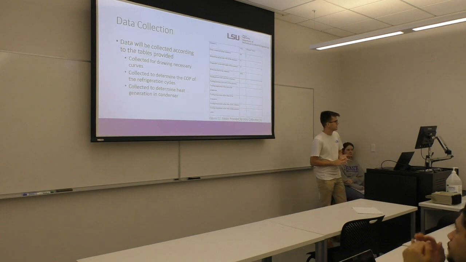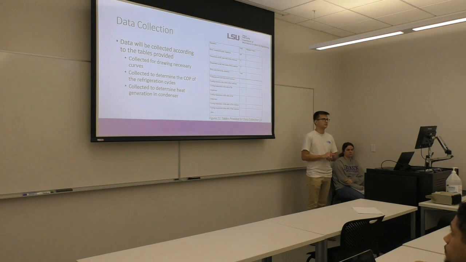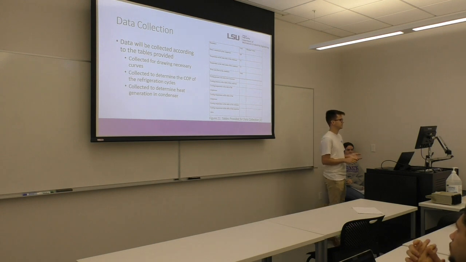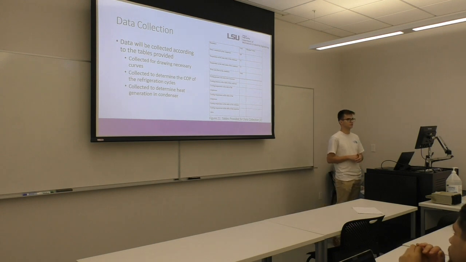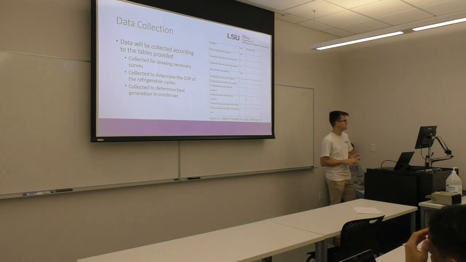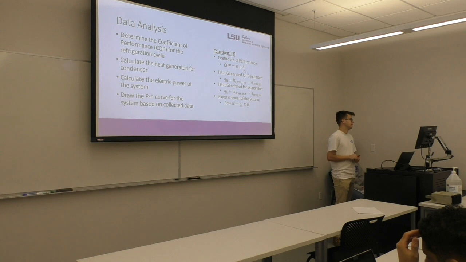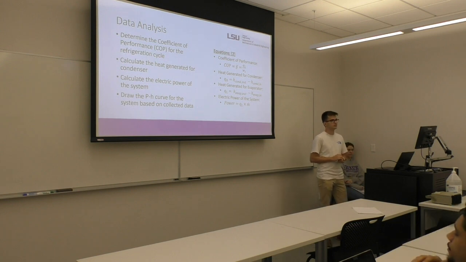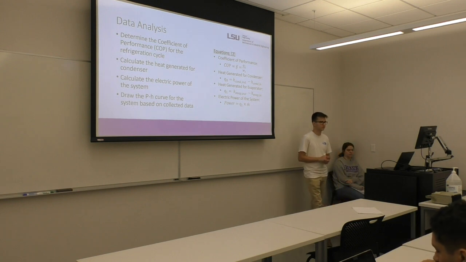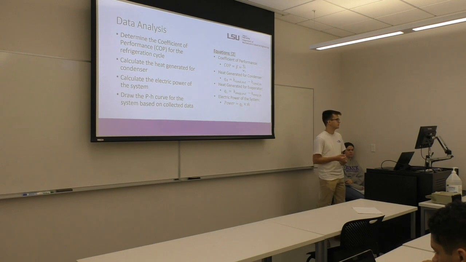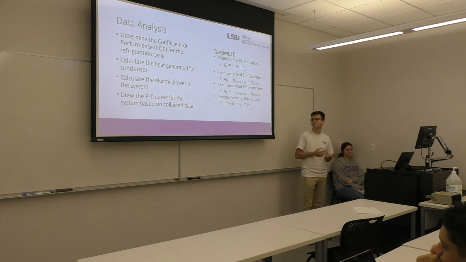Data will be collected according to the table provided, and will be used to draw necessary curves, determine the coefficient of performance of the refrigeration cycle, and determine the heat generation in the condenser. The data analysis will involve determining the coefficient of performance for the refrigeration cycle, calculating the heat generated for the condenser, the electric power of the system, and finally using the collected data to draw a pressure enthalpy curve for the system.